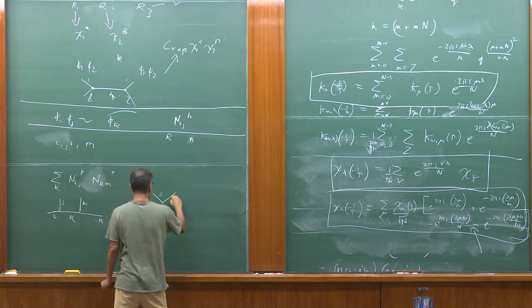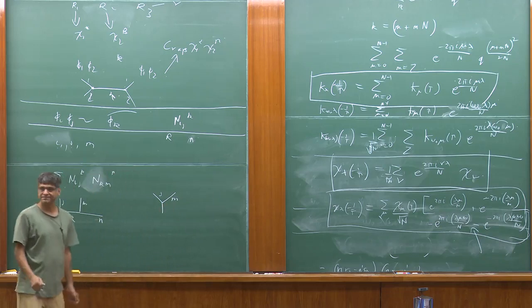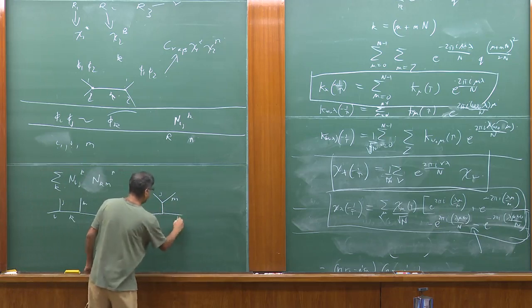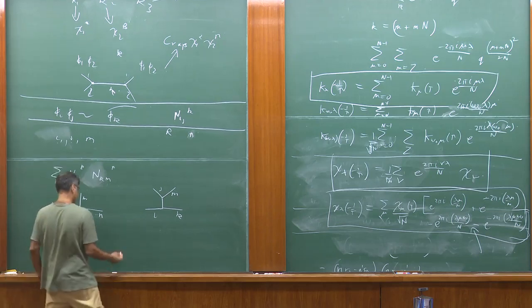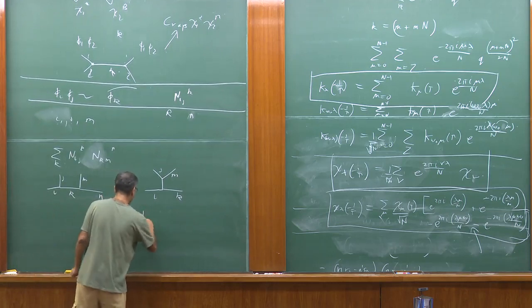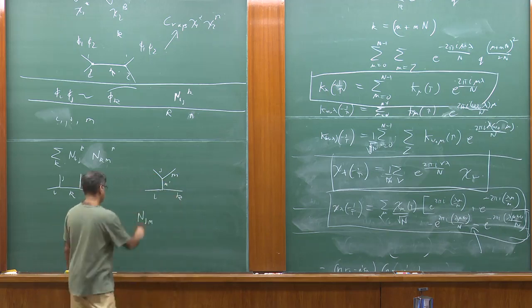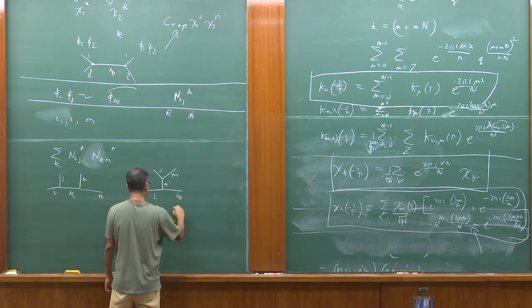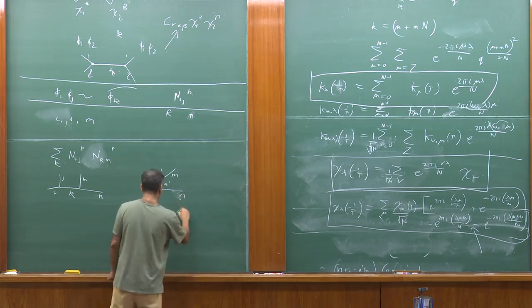I could have taken J and M, fused them together, and then fused whatever the result of that was with I and got N. For instance, this is another thing I could have done. So let's see what we get when we do that. We get N_jM^K', let's call this K prime, and then N_iK'^N.